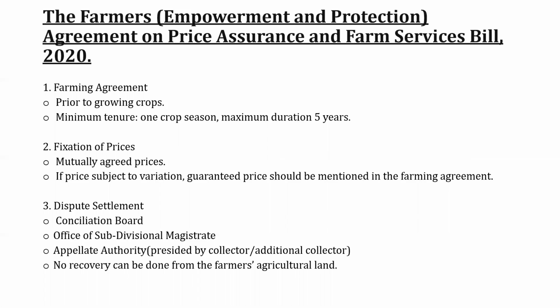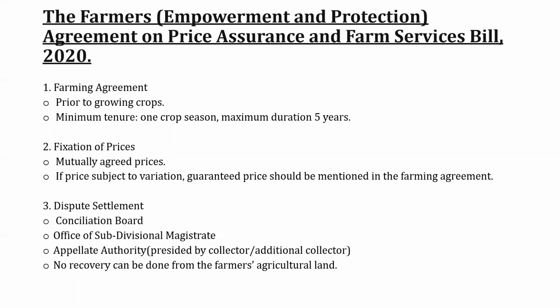Now, fixation of prices. So, there will be mutually agreed prices between the farmers and the private players. These prices would be captured in the contract itself. A lot of times, price may be subject to variation. For instance, if in a particular season there's a lot of produce, the price may fall.